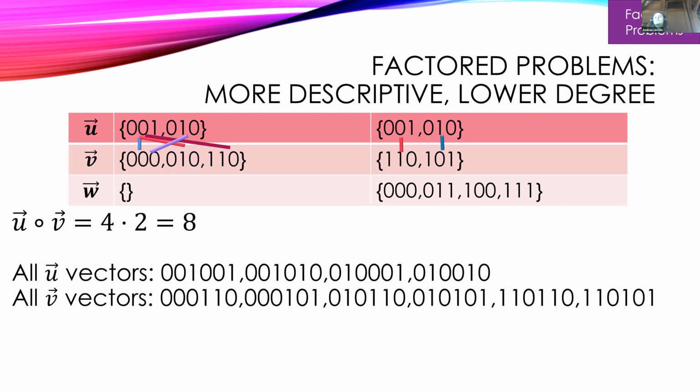We can instead do this out manually, where we write out all U vectors and all V vectors and then look at all pairs, but these values are going to be the same. And so conveniently, as long as G and B are not too large, we can do this representation.